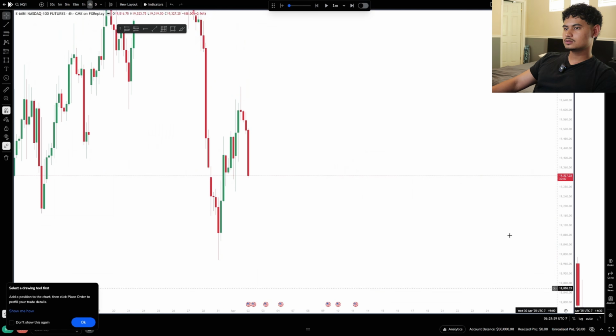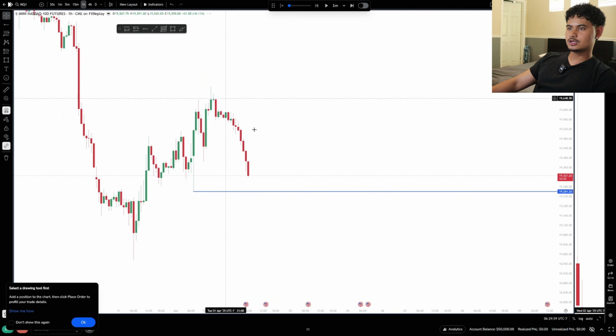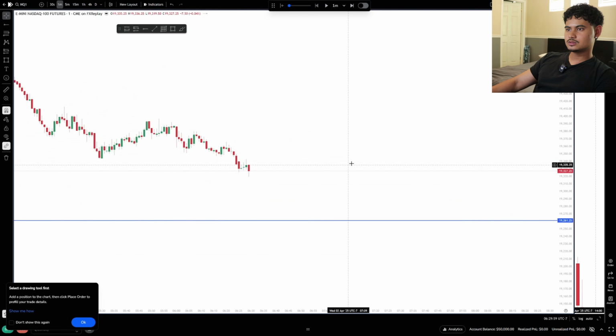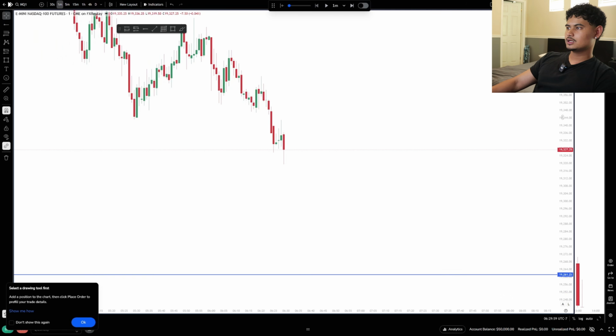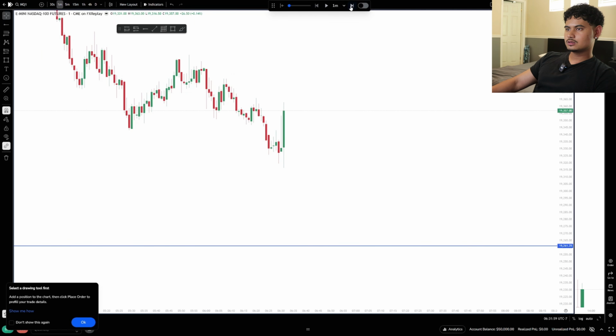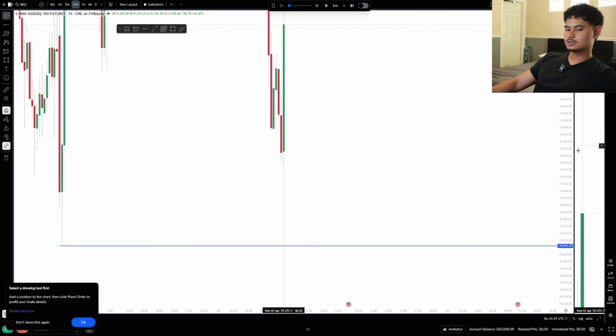Okay, so we have this low. That's what I'm targeting for sure. Look how bearish we are. Hopefully we get an entry to it though. I want to see some retrace before we enter. Okay, well we're pumping.